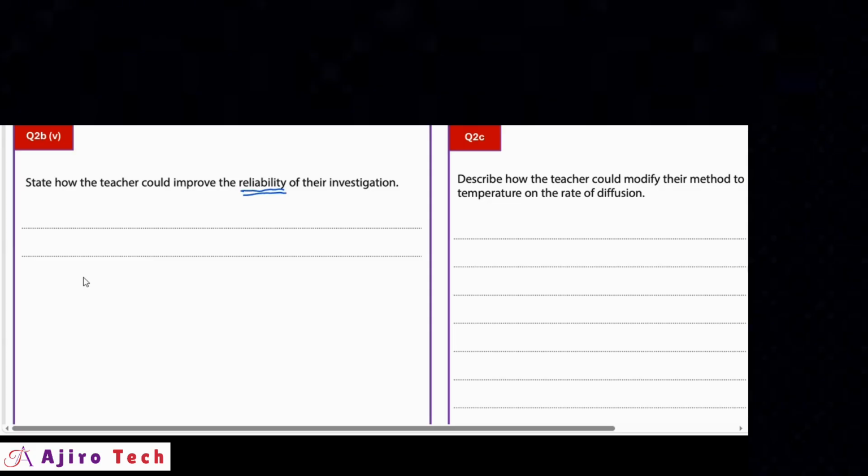So one of the things the teacher could do is to repeat the investigation. That is what we want to write: the teacher could repeat the investigation.